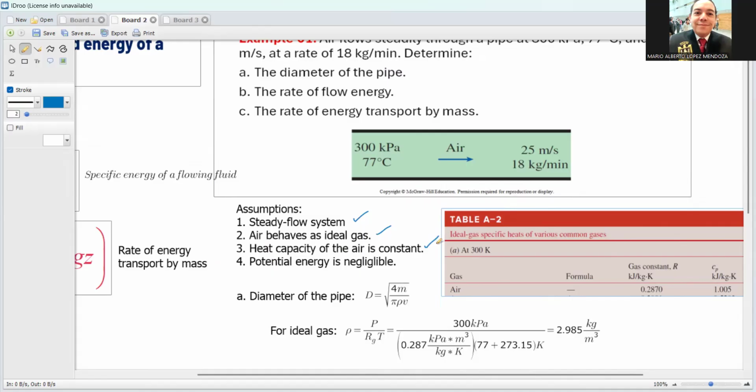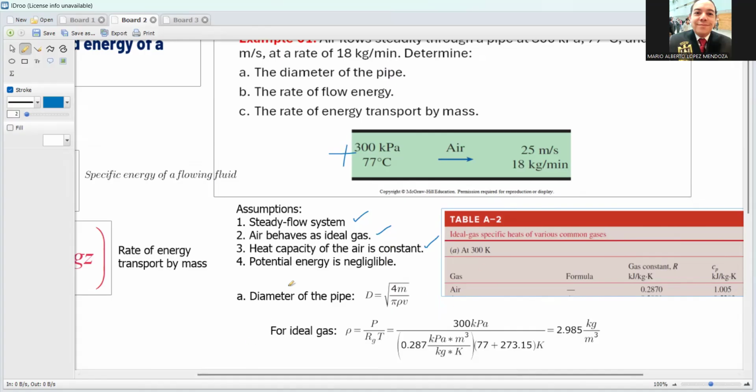And finally, because we have a pipe in a horizontal position, which is the most common, we can suppose that potential energy is negligible, because we can center the reference system for the fluid flowing in the center of the pipe. Remember that velocity will be the highest in the center, so potential energy would be very low.